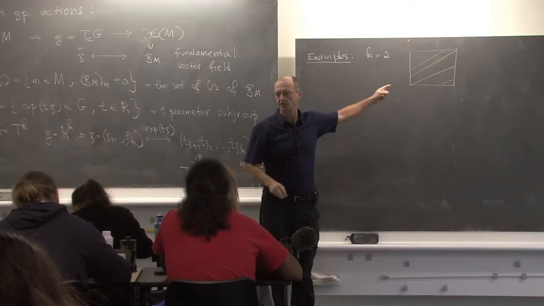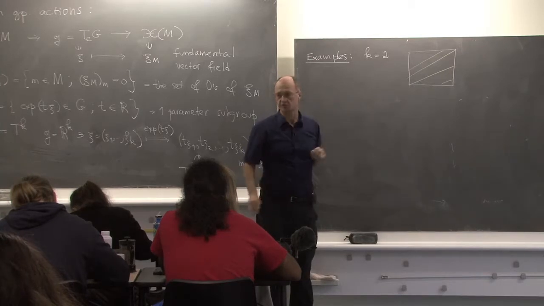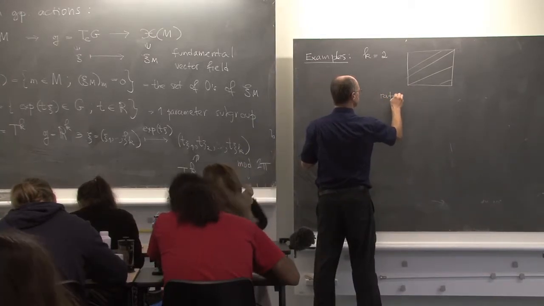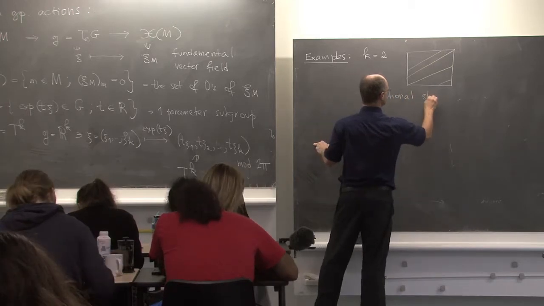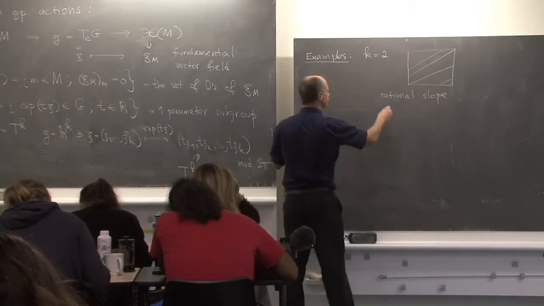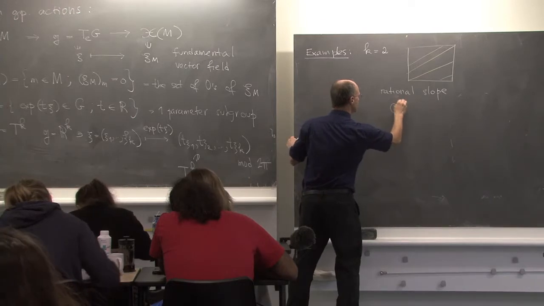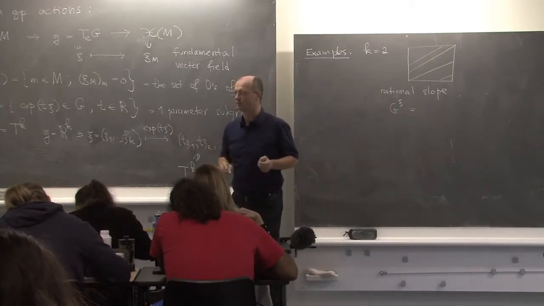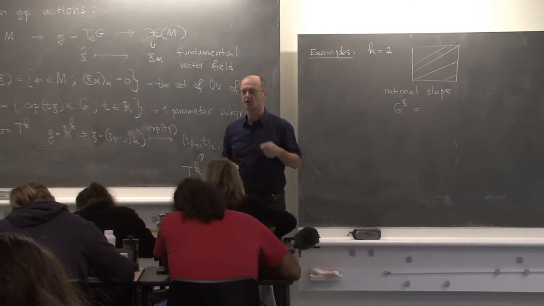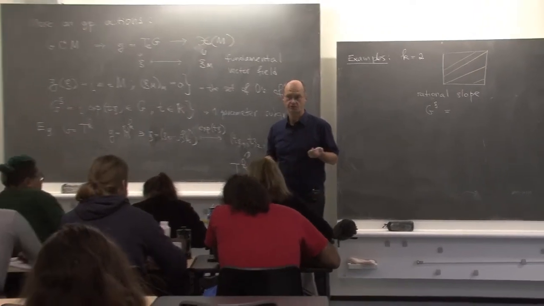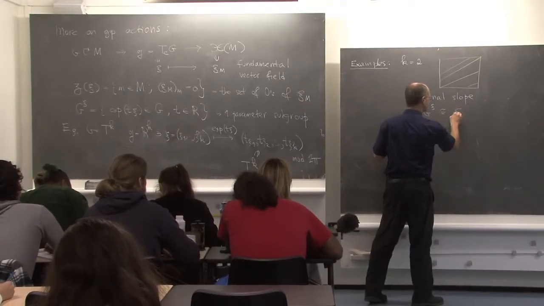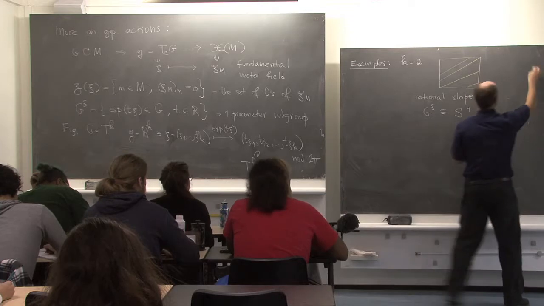Then the trajectory closes. And in this case, what kind of subgroup of the torus do we get? A circle. Right, so this is isomorphic to S1.